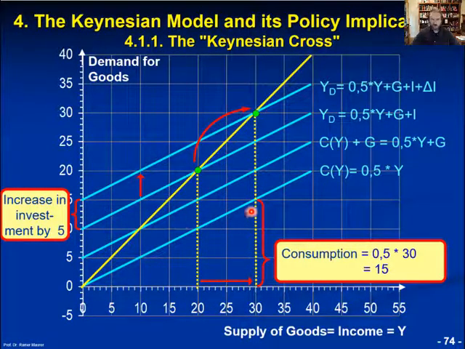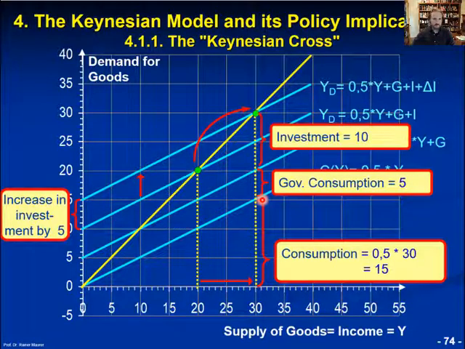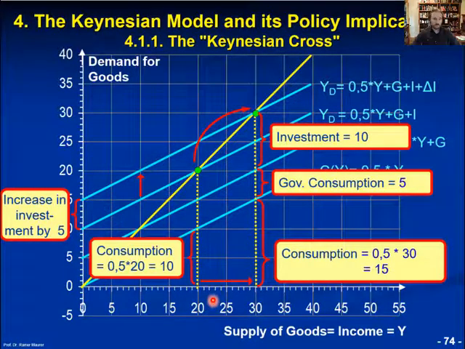Government consumption is unchanged, equal to 5 units, while investment demand for investment goods has grown from 5 units to 10 units. This means while investment demand has grown by 5 units, consumption demand has also grown by 5 units from a level of 20 units in the initial situation to a level of 25 units in the new situation.